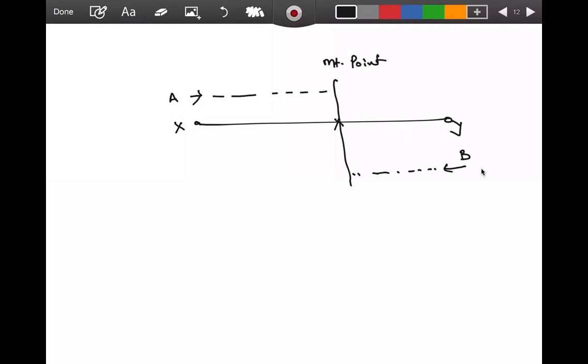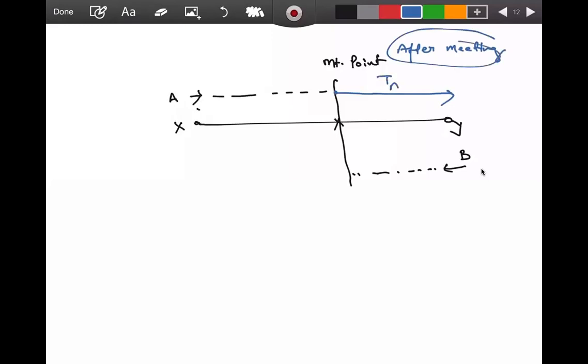After meeting, the time taken by A to cover the remaining distance, and after meeting, the time taken by B to cover.